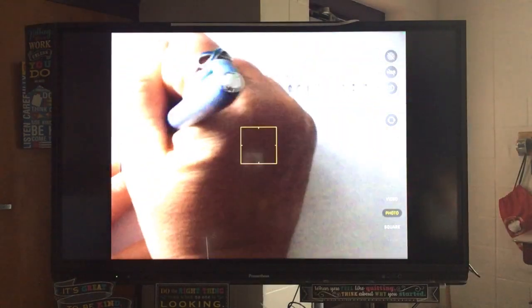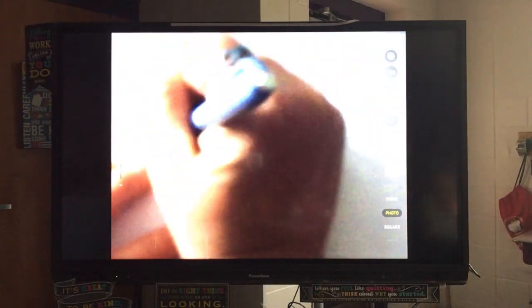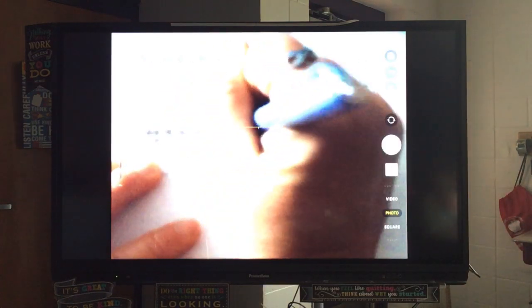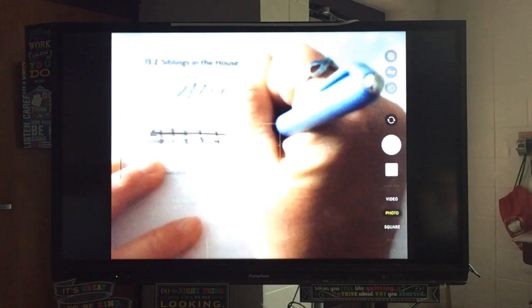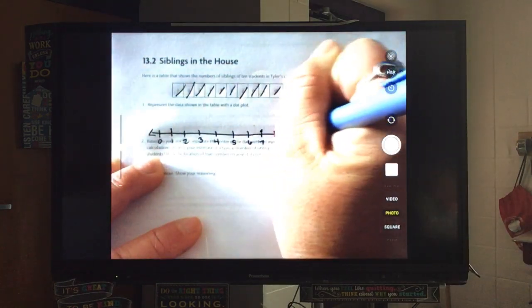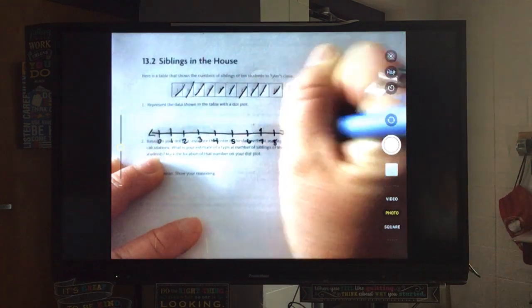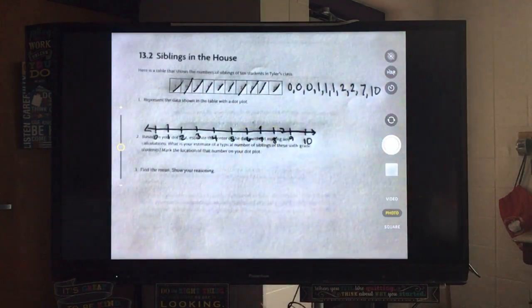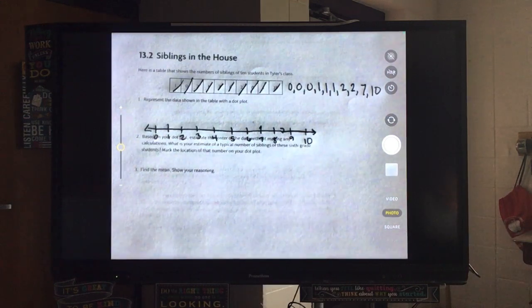So over here we're going to have 0, 1, 2, 3, 4, 5, 6, 7, 8. My number line is a little too small. 9, 10. Okay, give me a thumbs up when you have that done.